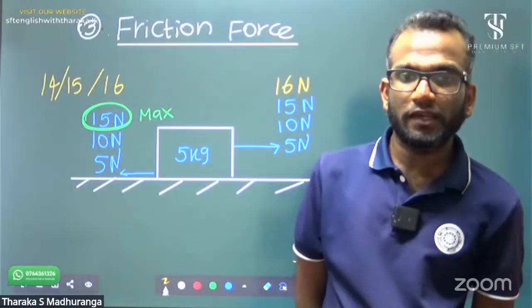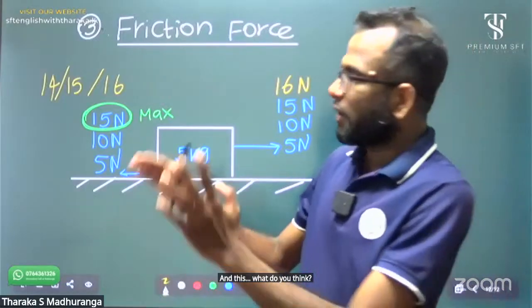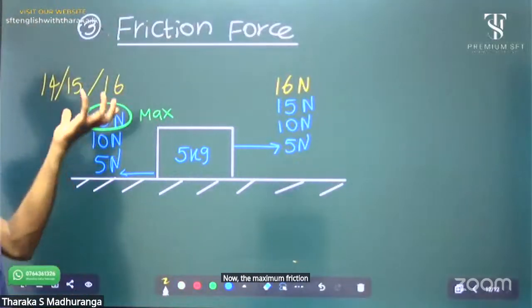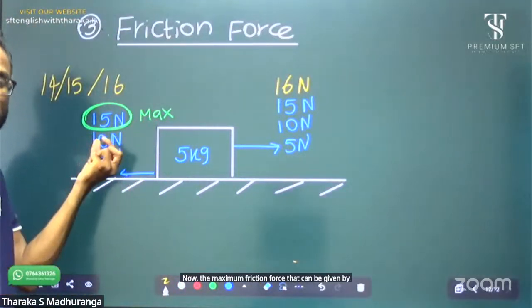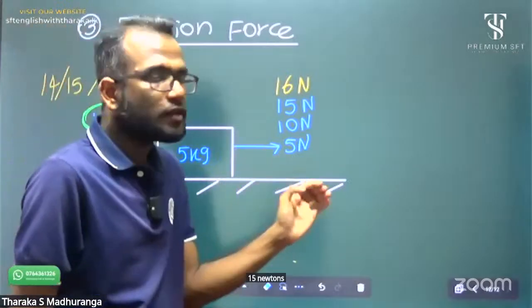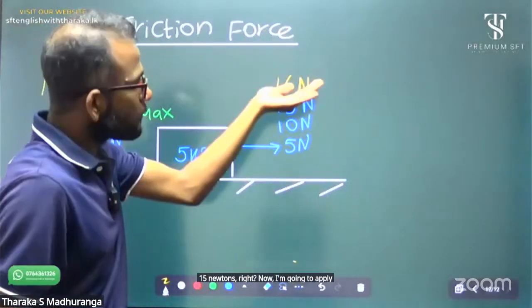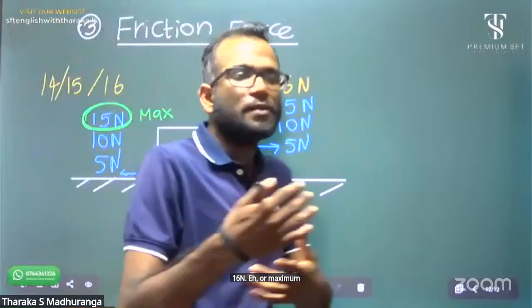Others, what do you think? Now the maximum friction force that can be given by the surface is 15 Newton, right? Now I am going to apply 16 Newton. Then it cannot give more than the maximum. That's okay.